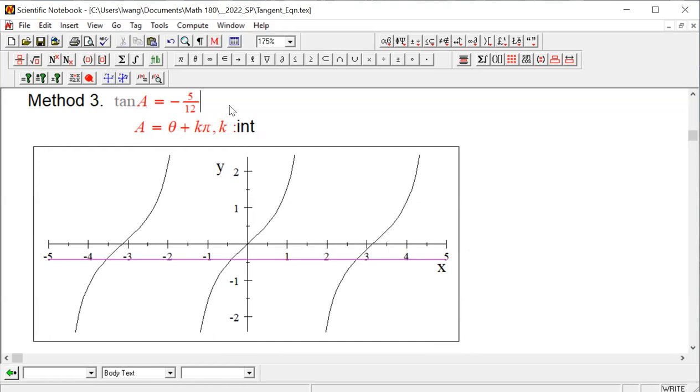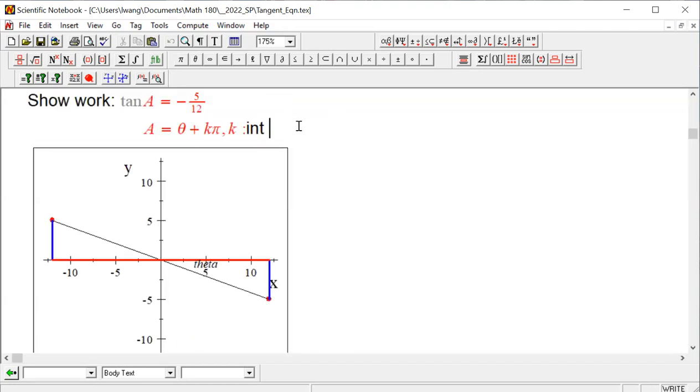Of course, you need to specify theta. Did we specify theta in the previous story? No, we need to specify it, where theta is arctan of -5/12. You always have to specify every symbol you have used.